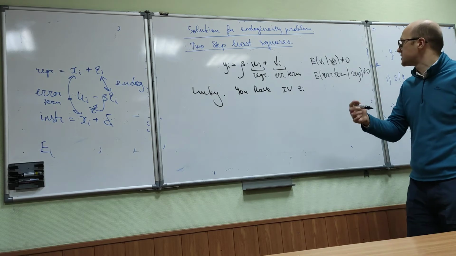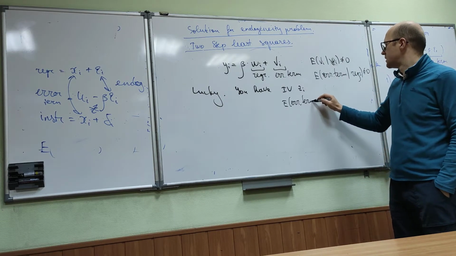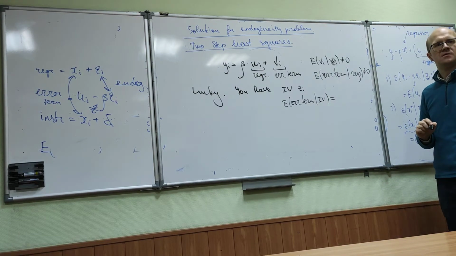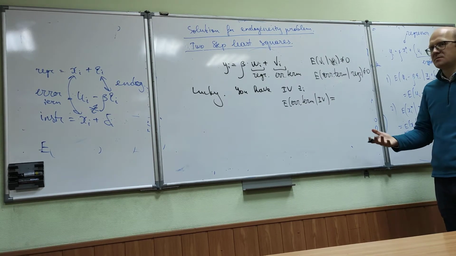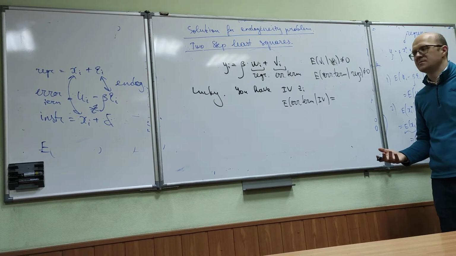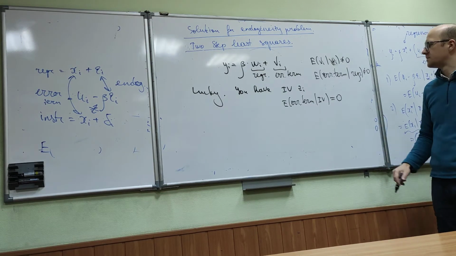This instrumental variable has two properties, which we have discussed. The expected value of the error term given the instrumental variable is 0: E[nu | z] = 0.